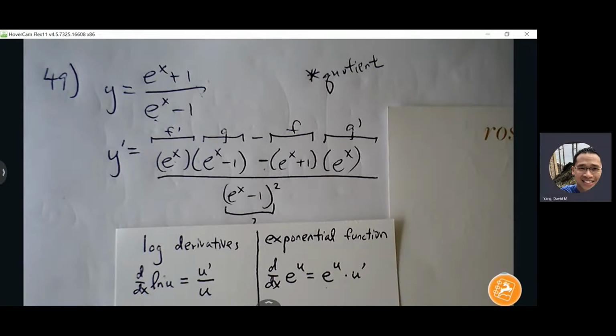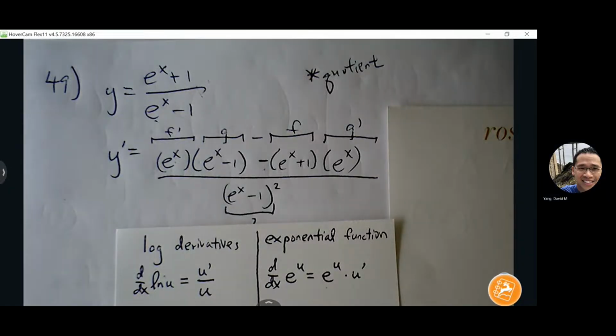Okay, take the time to expand the numerator. I know this looks tempting, right? To try to just take these out, but that minus is preventing us from doing that. So we just have to distribute through, combine like terms, and see if we can get our numerator to clean up a little bit more. What happens when I do e to the x times e to the x? What do I do to the exponents? Good, right? It's not x squared.